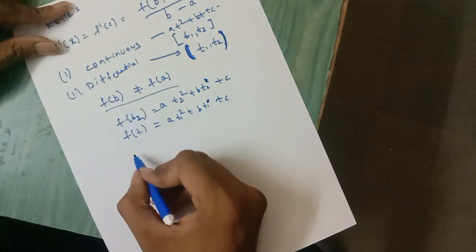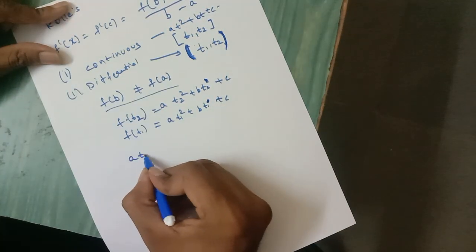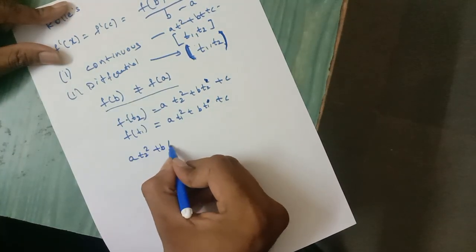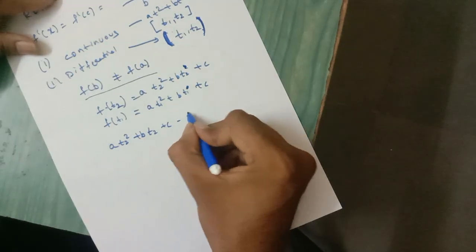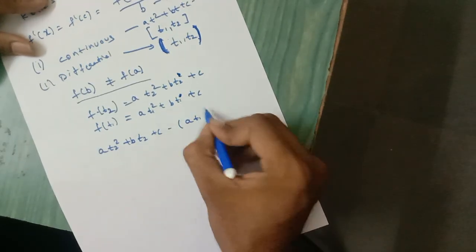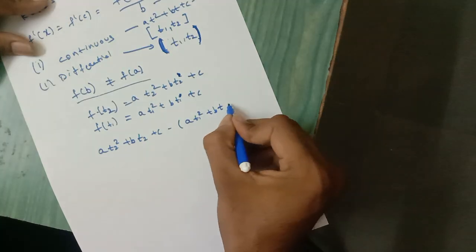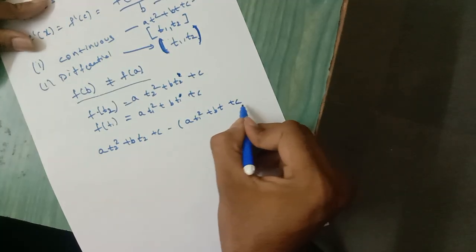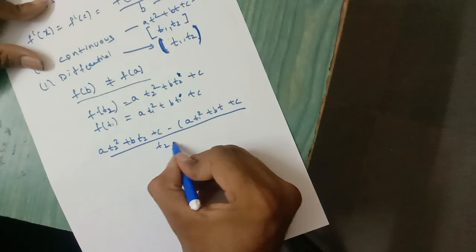Okay, so put in this formula: a t2 square plus b t2 plus c minus a t1 square plus b t1 plus c, whole divided by t2 minus t1.